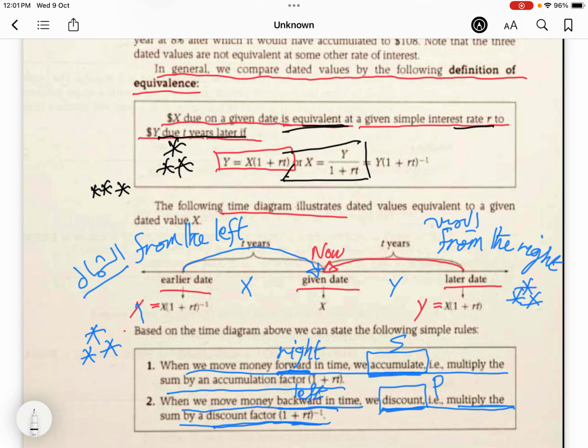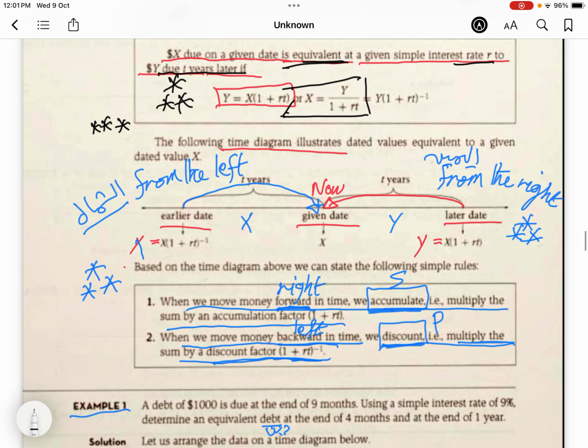Given date, which is a focal date, I will tell you about it later. Now, again, if you move from the right to the left here, you will have to multiply. If you move from the left, you have to divide.